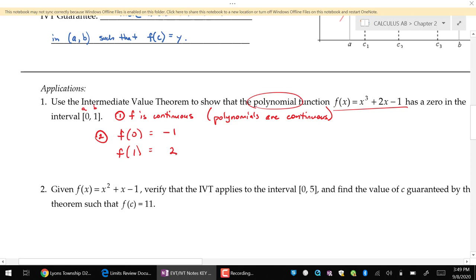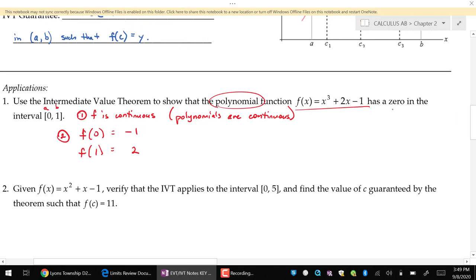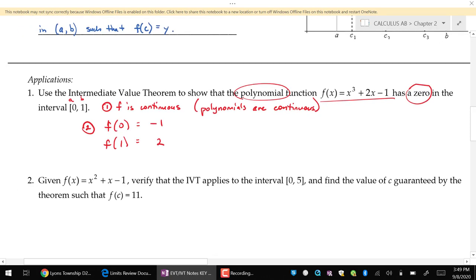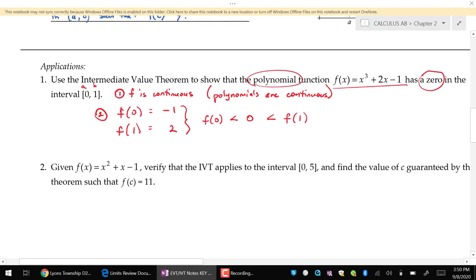Now the element in question is this number right here, 0. Does the function have a 0 on that interval? Well, if you notice, the number 0 lies between f of 0 and f of 1. So betweenness checks out, continuity checks out, conclusion.